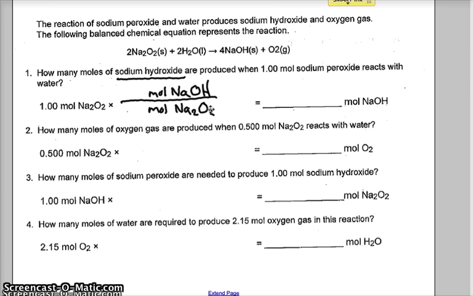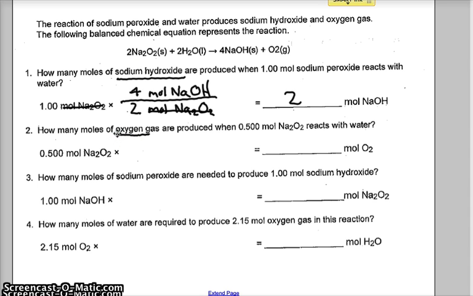Okay, so we put in those moles and the units first, and then all you do is look up at the equation and put the coefficients that belong next to each mole in the equation. So we have 4 moles of NaOH and 2 moles of Na2O2. So the moles of Na2O2 will cancel, and all we have is 1 times 4 divided by 2, which is 2. Okay, so they're simple fraction kind of equations.